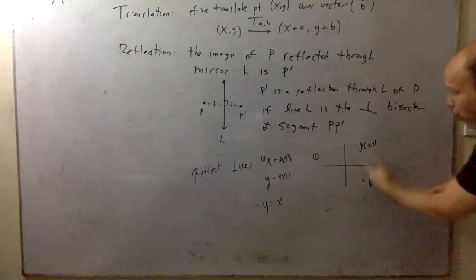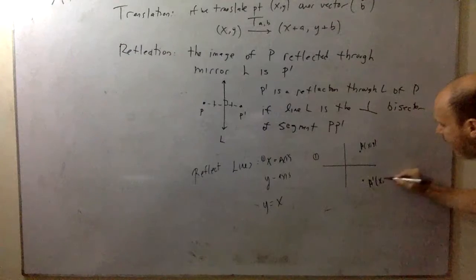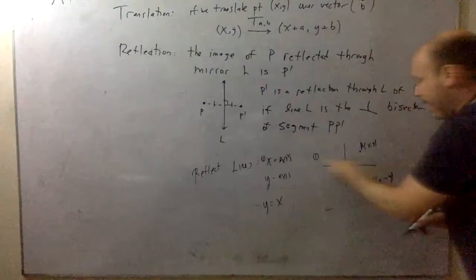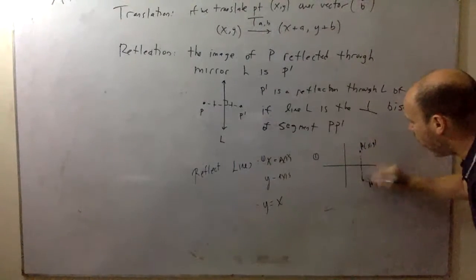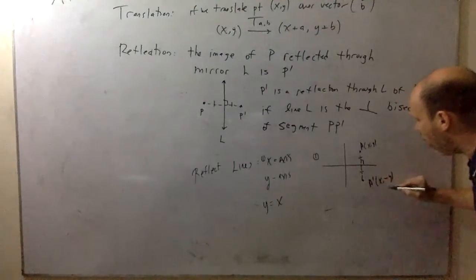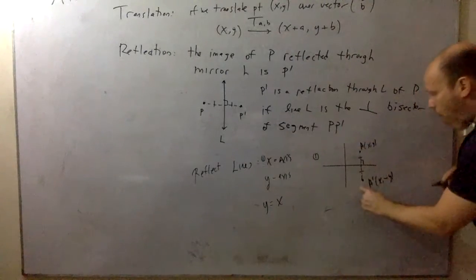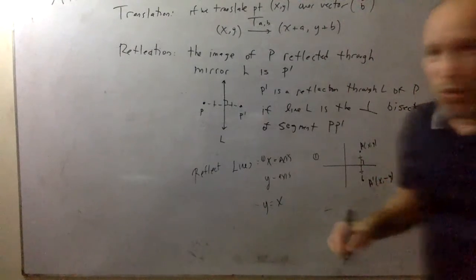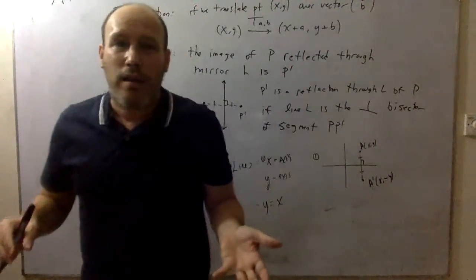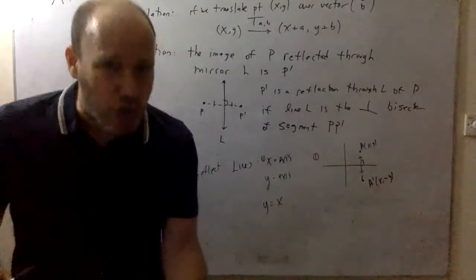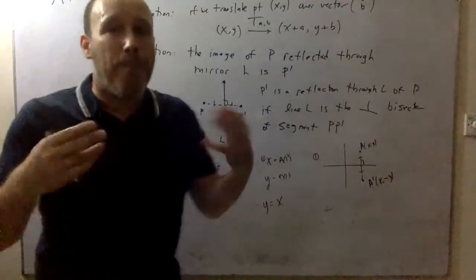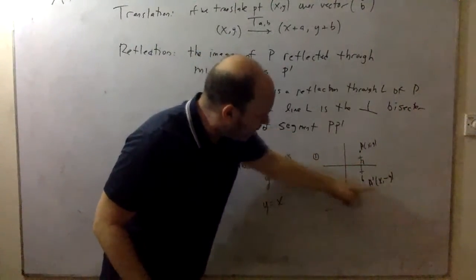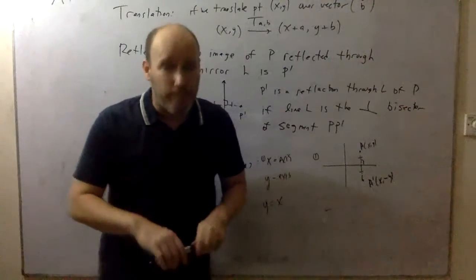The image is (x, negative y). Once again, the x-axis is the perpendicular bisector of the segment AA prime. It's like going to a wishing pond in the park and looking down and you see your reflection. You're not there, but mathematically, (x, y) reflected over the x-axis is the point (x, negative y).